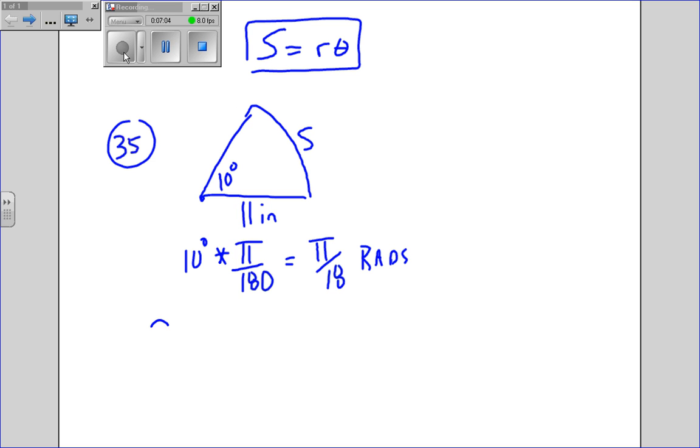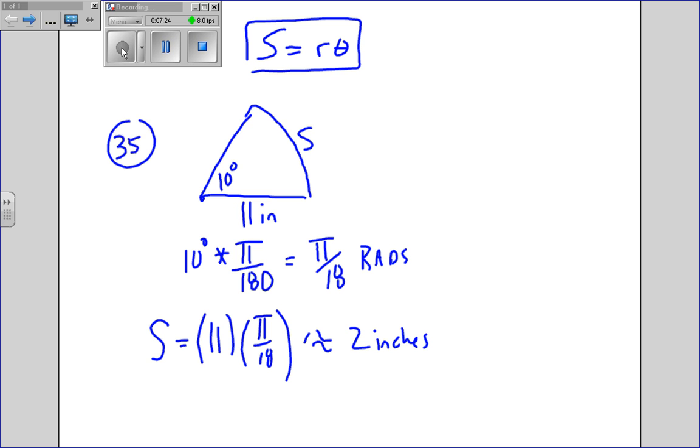So my arc length should be S equals 11 times pi over 18, and that's about 2 inches. So the perimeter of the entire shape would be 11 plus 11 plus approximately 2, about 24 for the entire perimeter of the shape.